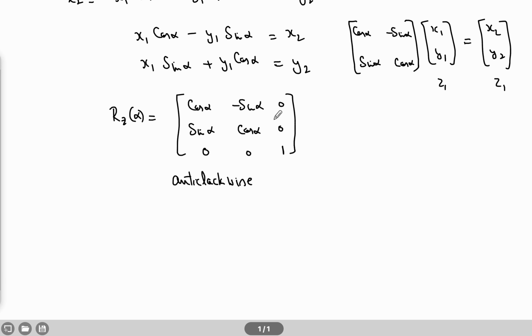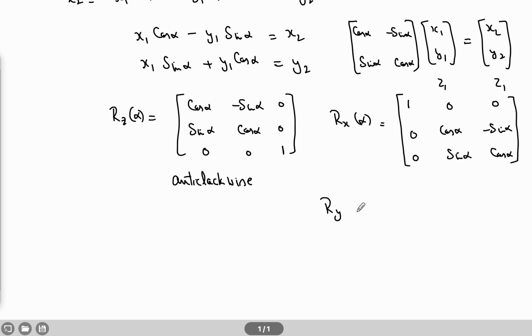Okay, now similarly for, let's say, Rx alpha, you can straight away write, if the rotation is about x-axis, so x will not change, and the columns and the corresponding row elements will be 0 0, and the whole block will come just like that, cos alpha minus sine alpha, sine alpha cos alpha. Similarly, Ry alpha can also be written like that.